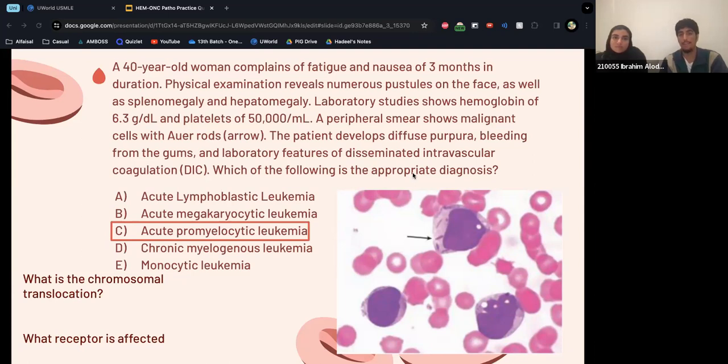So if you see a case of a patient presenting with DIC, you should think about APML, just like what Eman said. At KFSH, they immediately give them the ATRA, even if they don't confirm that you have APML, and then they'll stop it if they know for sure you don't.